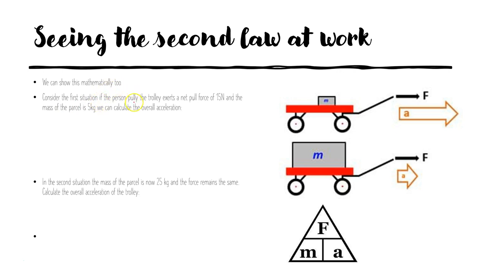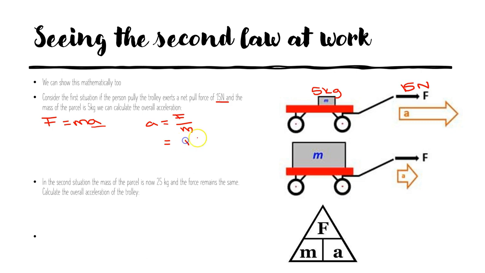So in the first situation, we consider that the person applies a force of 15 newtons, so we're going to say that this force is 15 newtons, and this is the net force. And the mass of the parcel is 5 kilograms. I can calculate the overall acceleration by placing it into our F = ma formula. I want to find a, so I'm going to divide both sides by m, so I'm going to get F divided by m.